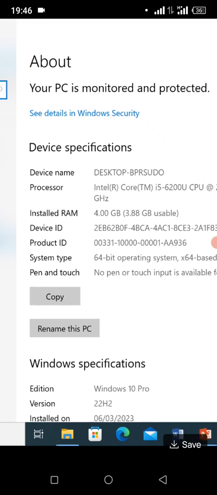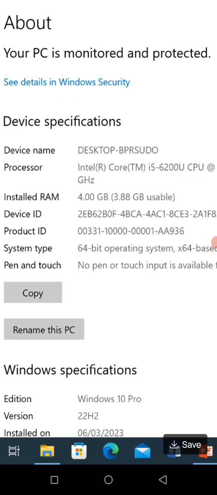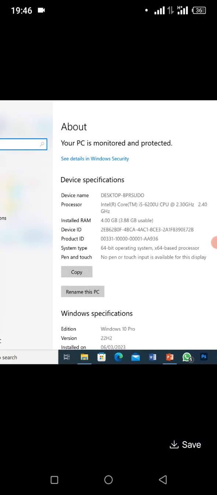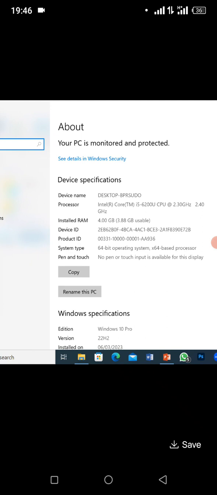The processor of this particular laptop, which is mine, is a Core i5 6200 CPU, running at a speed of 2.30 gigahertz. So that means it has a little bit of speed.